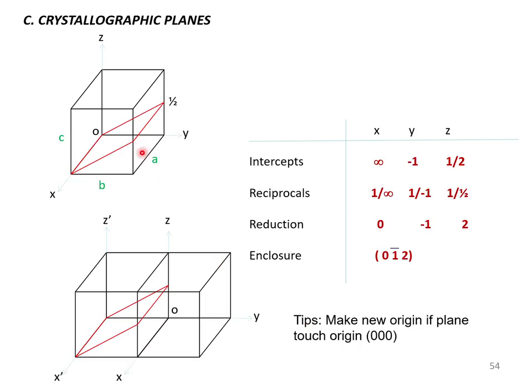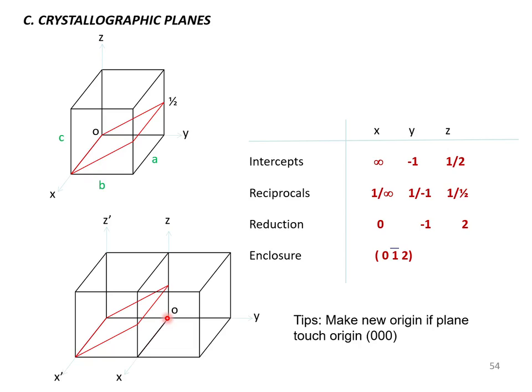This is another example, and I have a tip for you here. When you see the plane touch the origin, you have to make a new origin. In this case, the plane touches the 0 0 0, so you change to a new origin here.